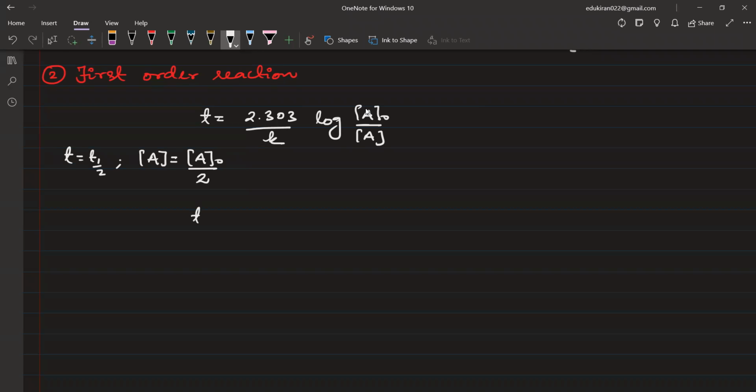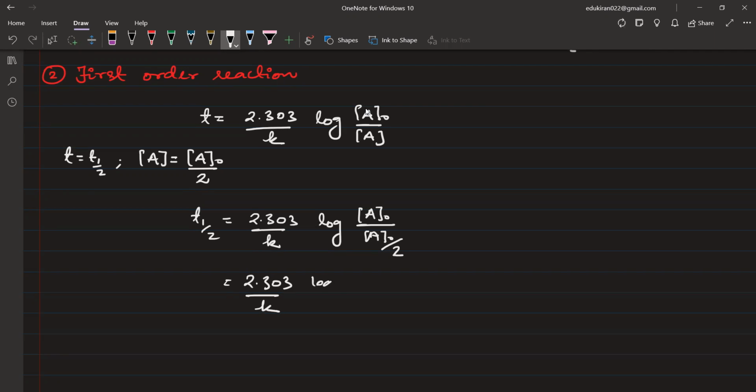Now I can write T half is equal to 2.303 divided by K log of A naught upon A naught by 2. Now this will be equal to 2.303 divided by K log of this 2 will go above, and A naught will cancel each other out.